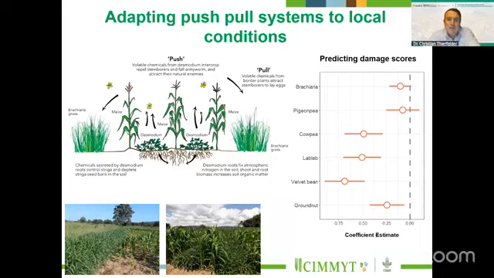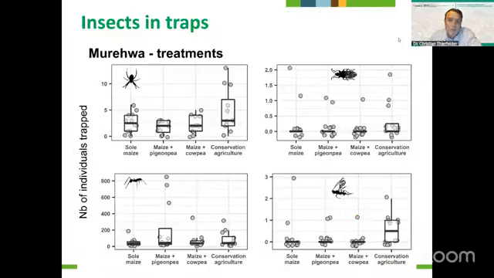We interestingly found several legumes that reduced the damage. For example, cowpeas as an intercrop, or lablab or velvet bean, even groundnuts reduced the damage scores in the field. And that's actually what we wanted. We wanted crops that are available and are used by farmers in the fields to help us control fall armyworm.